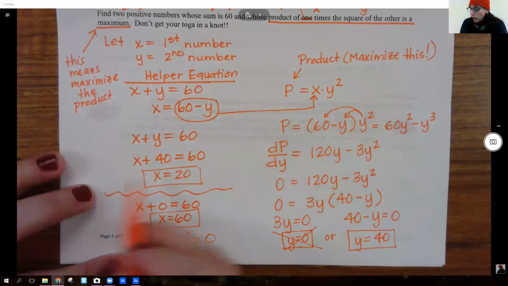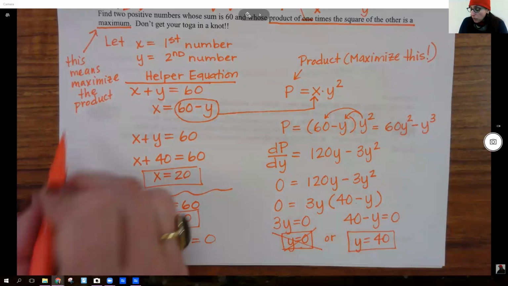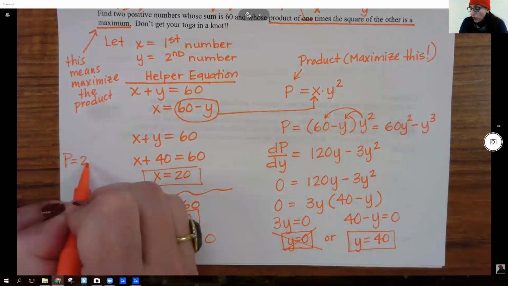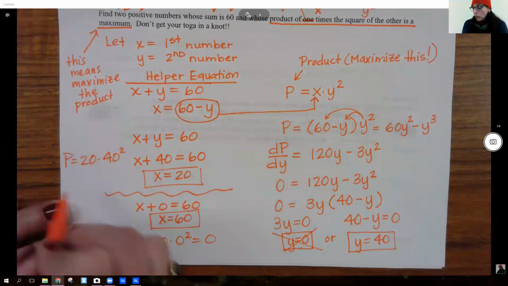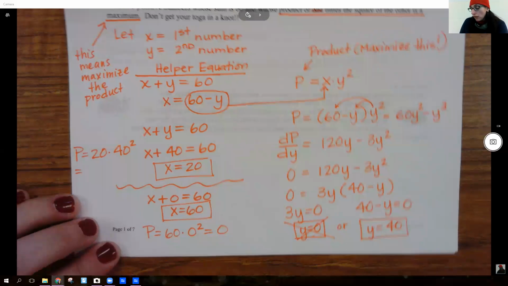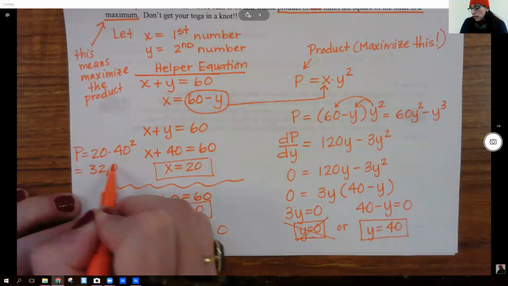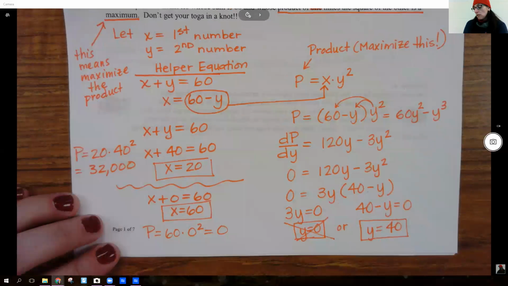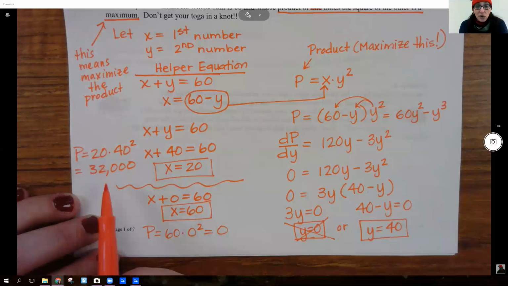If you do 40 and 20, the product will be 20 times 40 squared, which is 32,000, I think. 1,600 times 20. I think I did that in my head correctly, but you can check it. Whatever it is, it's bigger than 0.